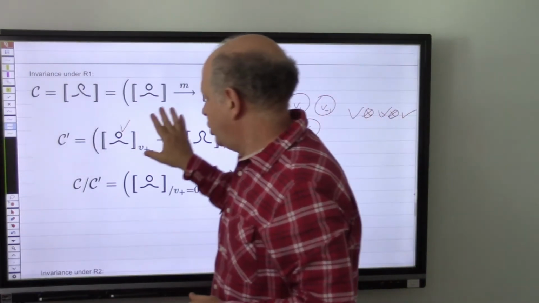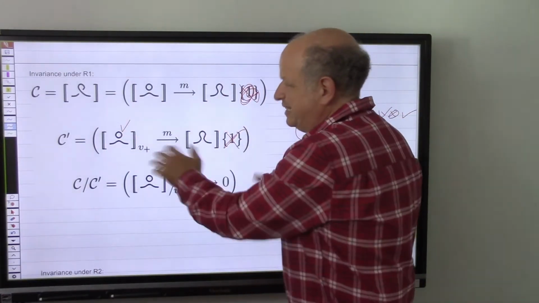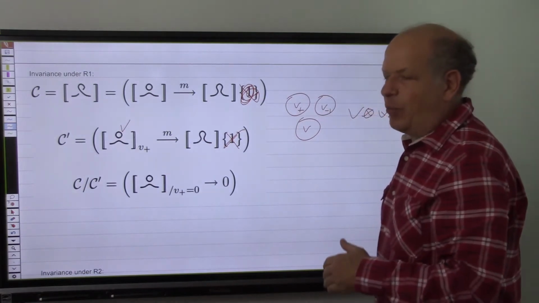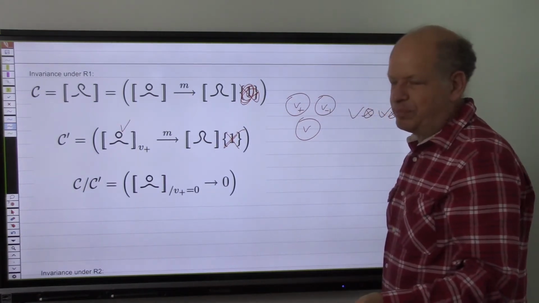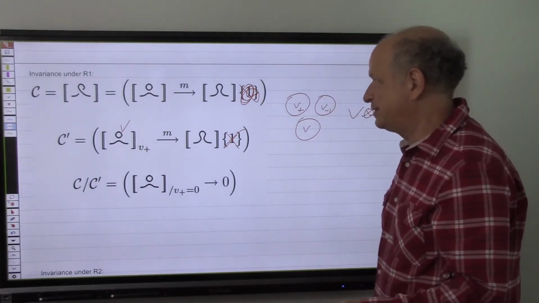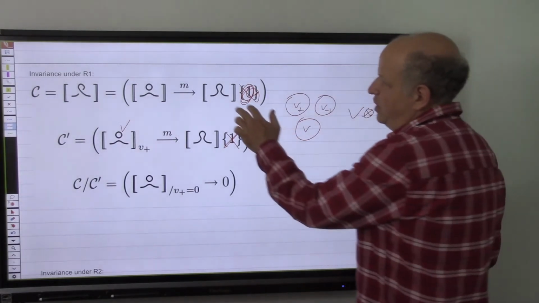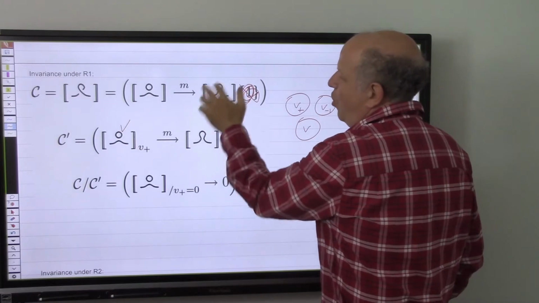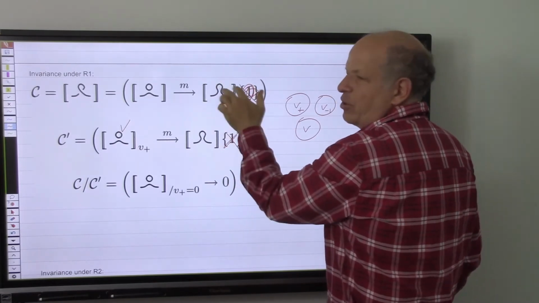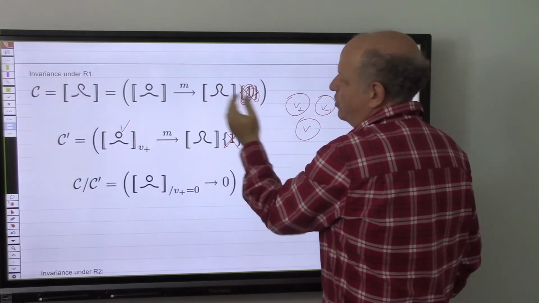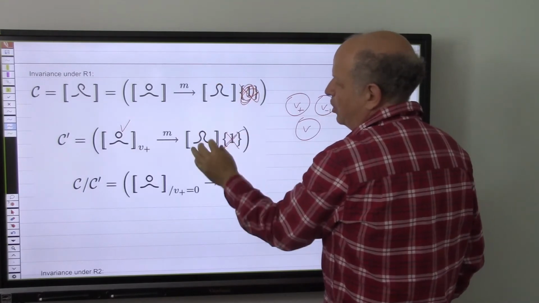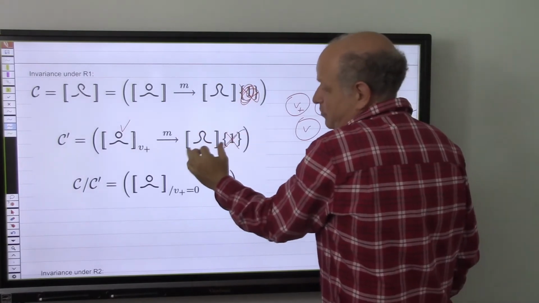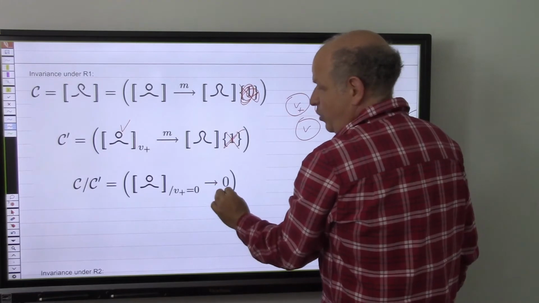So C prime is a subcomplex. Now what is the quotient complex? If I mod out all the spaces on the second layer, on the right layer of the cube, with all the spaces with themselves, the quotient is 0.